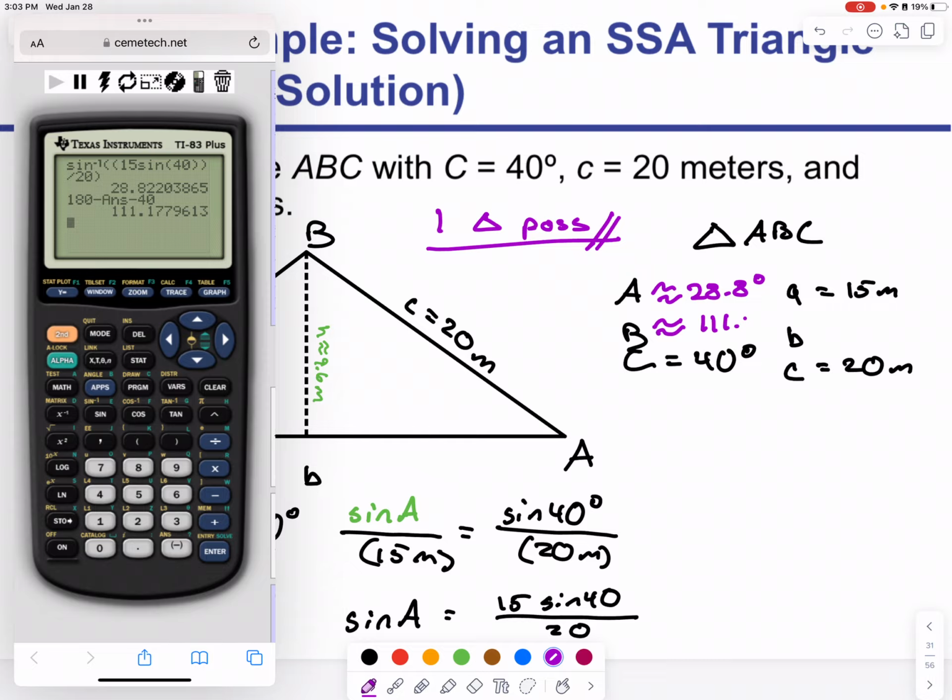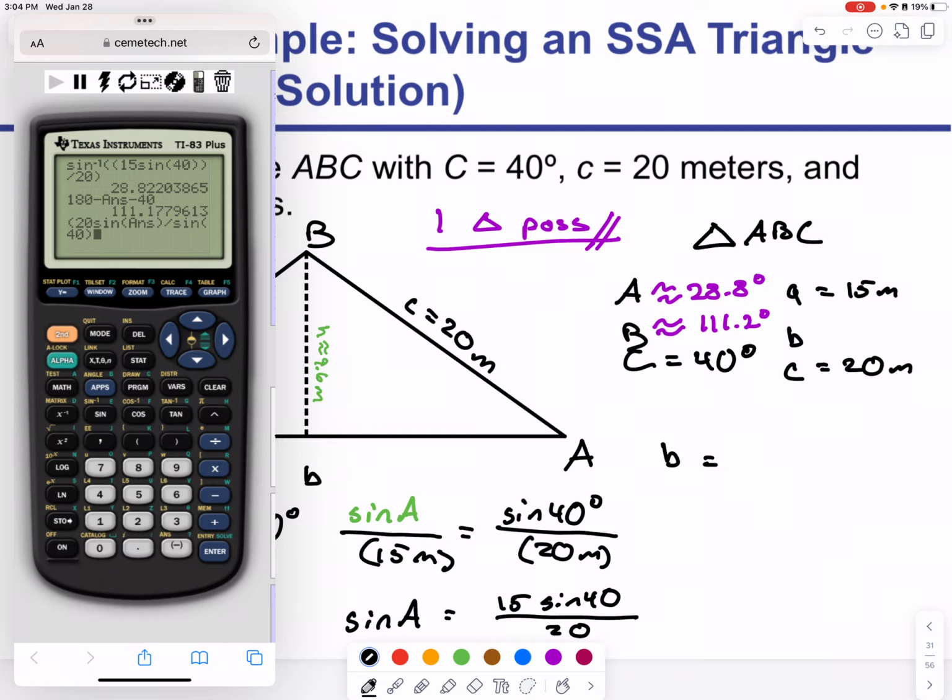We got approximately 111.2 degrees. So then if we use the law of sines, B over the sine of B equals C over the sine of C. So when we multiply, we have 20 times the sine of angle B divided by the sine of angle C, which is 40.